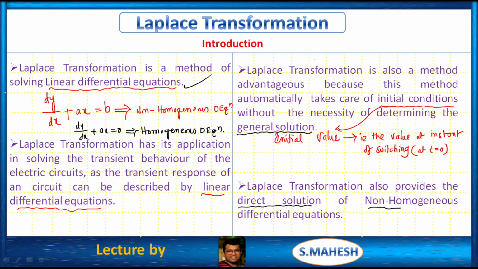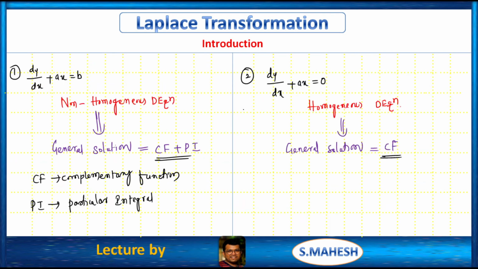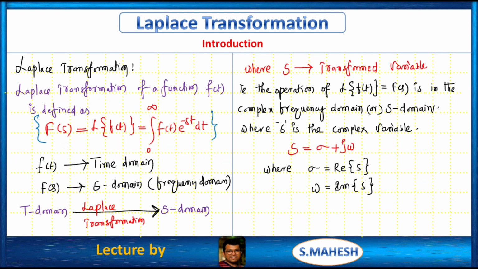The Laplace method is very advantageous because it automatically takes care of initial conditions, whether the solution is the complementary function or the addition of the complementary function and the particular integral. Okay, this is the introduction to Laplace transformation.